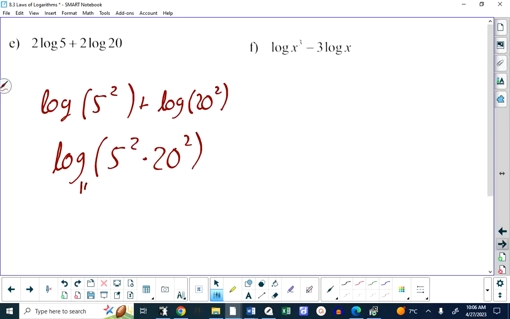Of course, this is base 10. Is that 10,000? Thank you. So this is log base 10 of 10,000, which is 4.